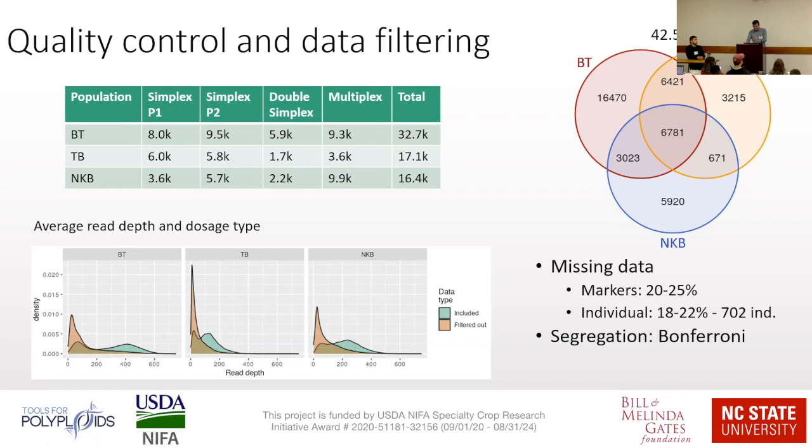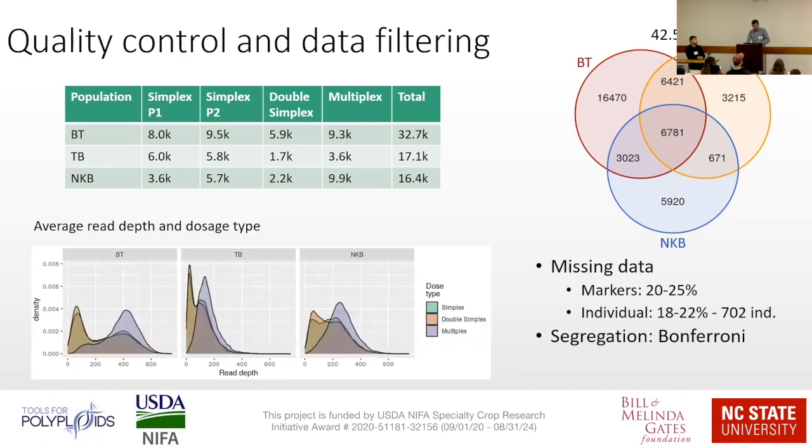If you select just the blue markers here, this is also very interesting because the simplex markers and the double simplex markers are usually concentrated in the lower read depth end of this graphic.